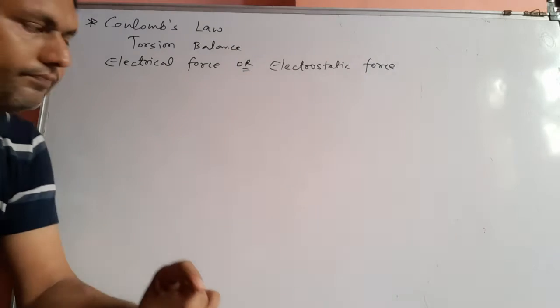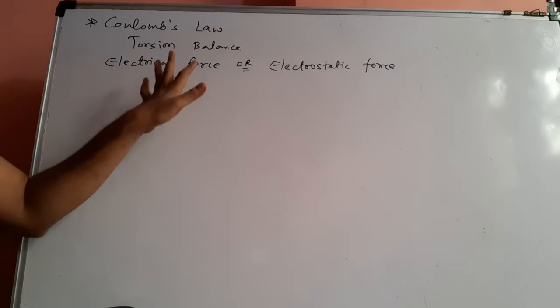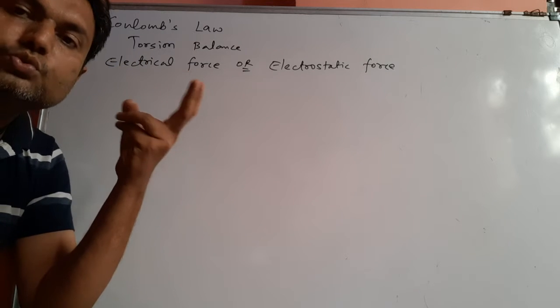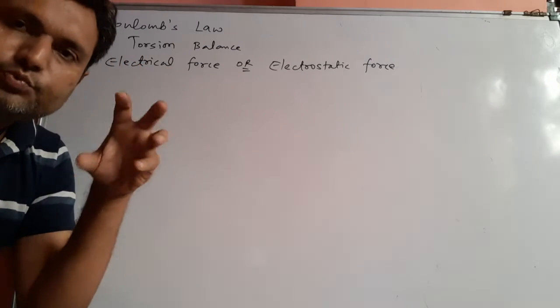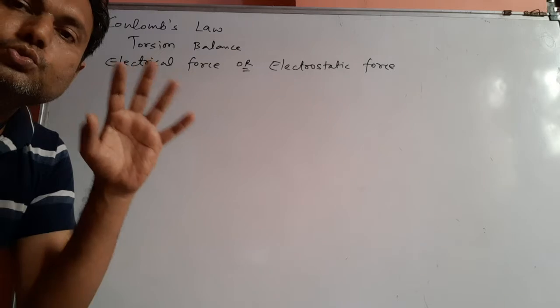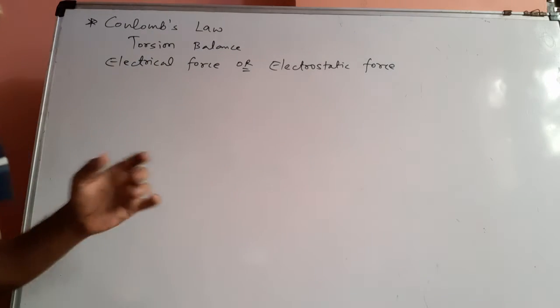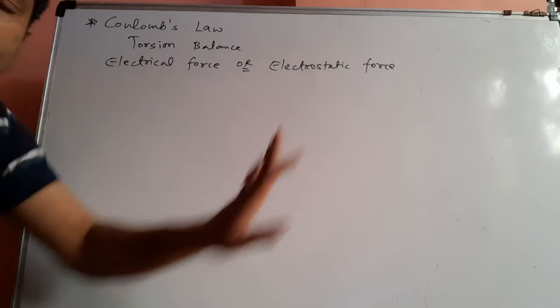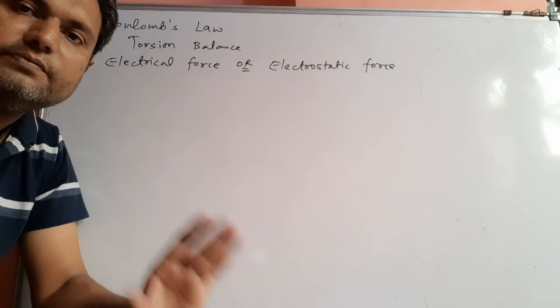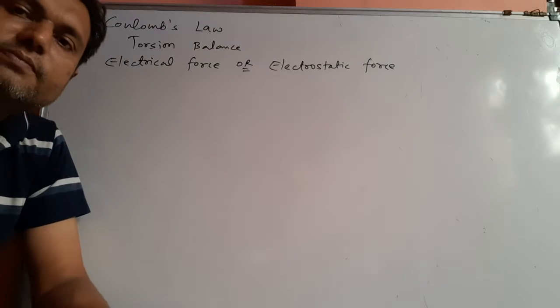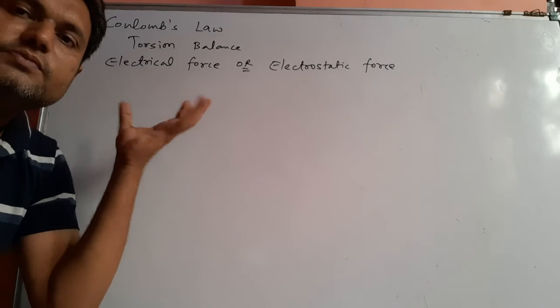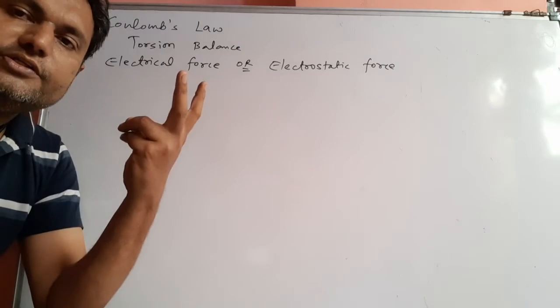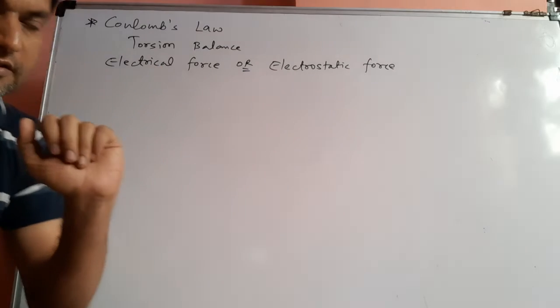these two are the same. Electrical force is between two charges or two point charges, and if we add a bit more, two point stationary charges. That is why we call it electrostatic. Static means steady: here, steady means electric charges are steady, and this force is between two point stationary charges.